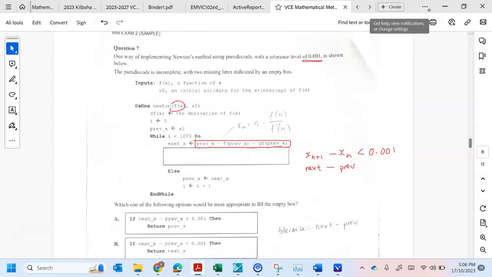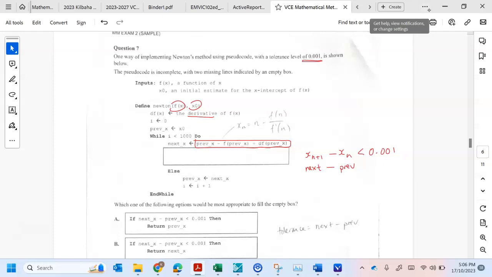And x0, I don't think we've assigned a value to, so probably just the initial estimate. So we've got our derivative, and so we're probably just starting at 0. So it doesn't really matter because we're not working in terms of a function, but just in terms of Newton's method of approximation in general.